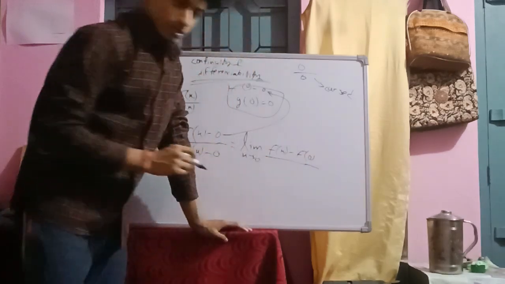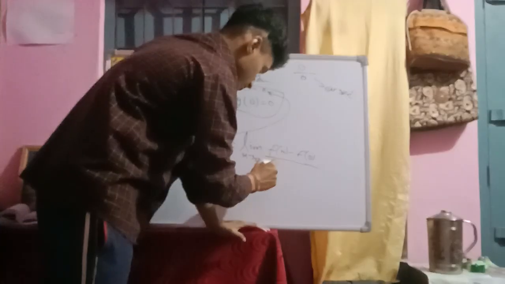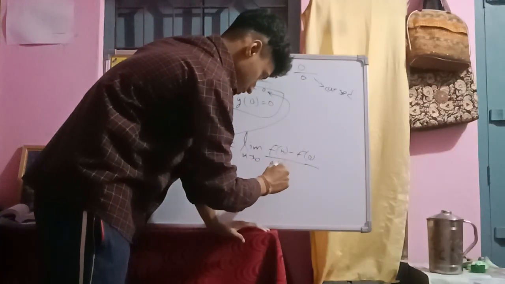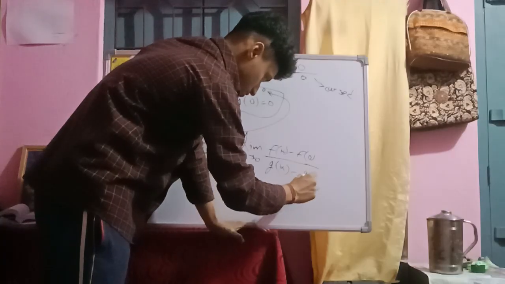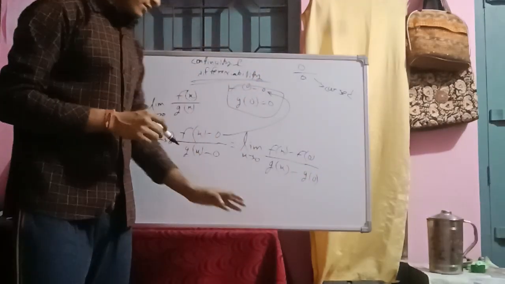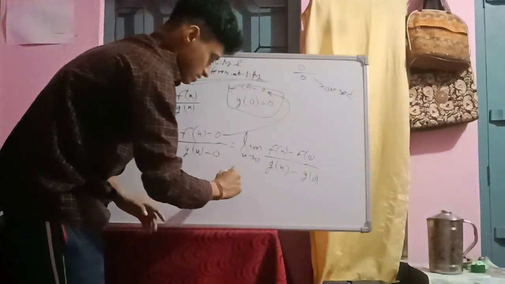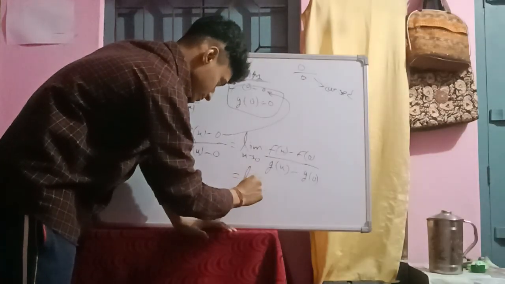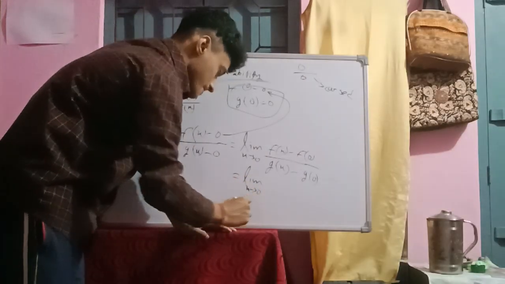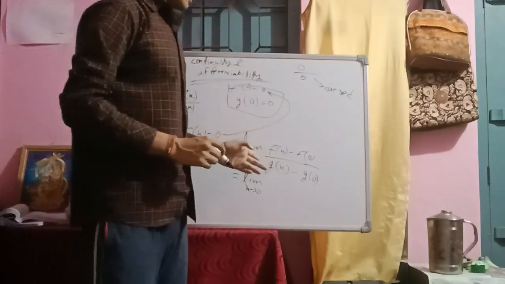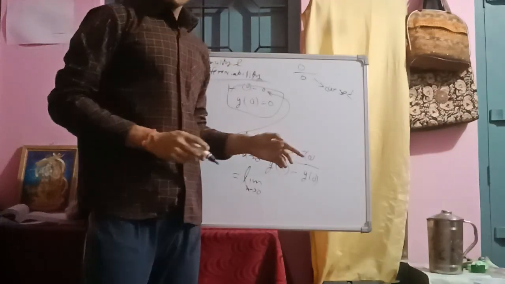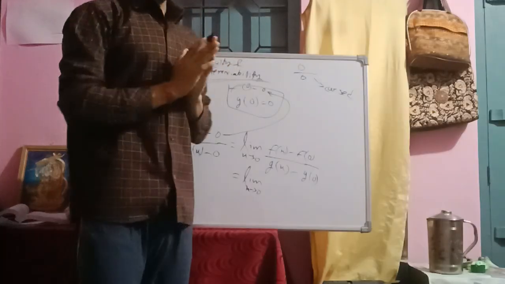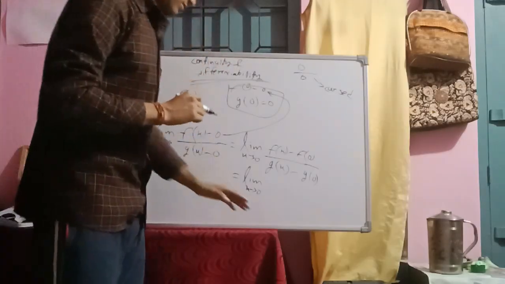And in the denominator as well we can do the same: g(x) minus g(0). Okay. Now we can rewrite this as the limit of x approaches 0. What I'm going to be doing here is dividing both the numerator and the denominator by x minus 0.